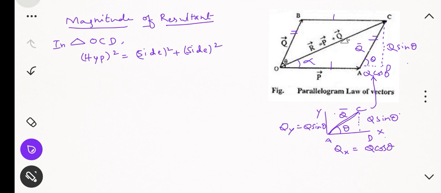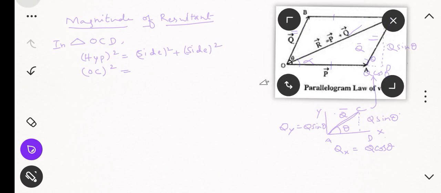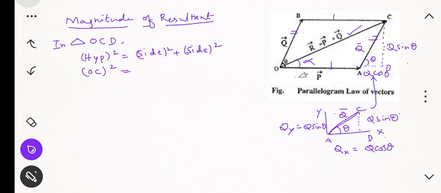Here the hypotenuse is OC, so OC whole square is equal to adjacent side square plus opposite side square. The adjacent side is OD and the opposite side is CD. So OD square plus CD square.